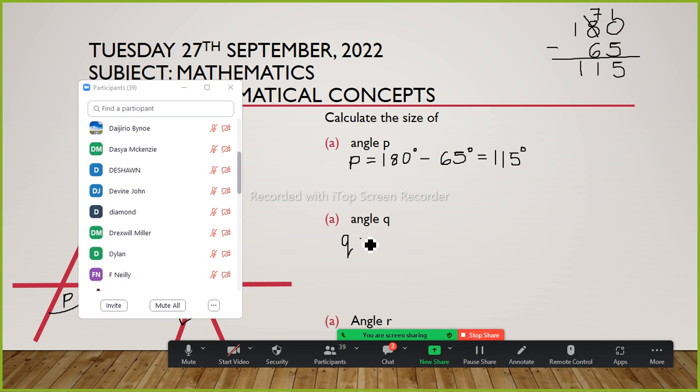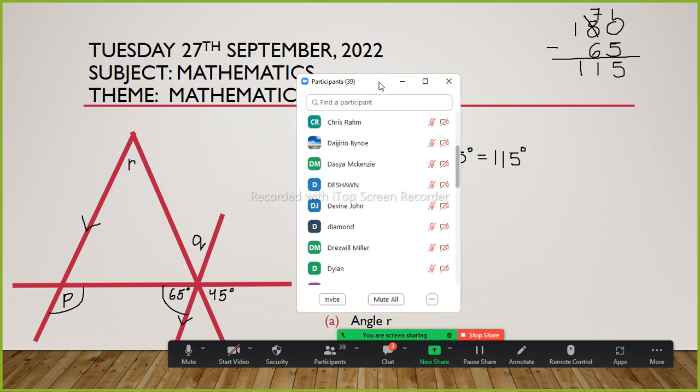Okay, then we have angle Q. Now how are we going to get angle Q? Well, we know that 65 and this angle here are vertically opposite, so this is going to be 65 degrees.